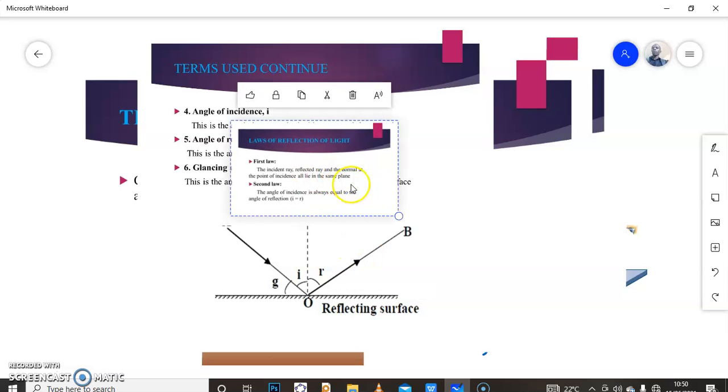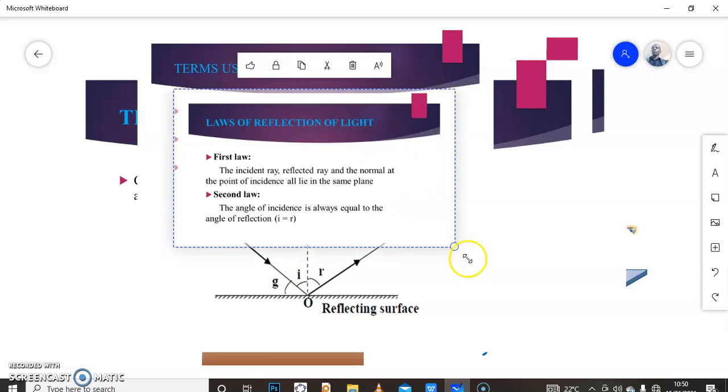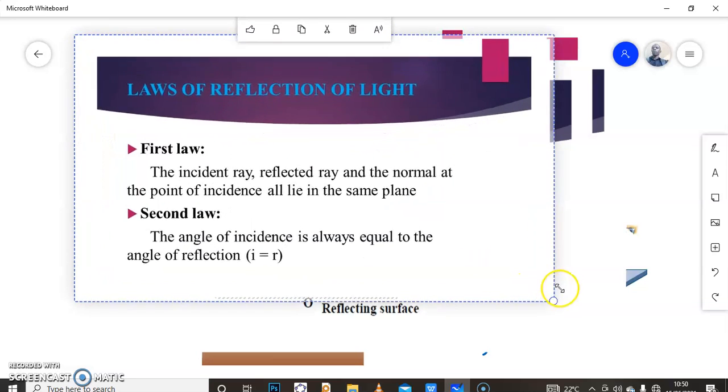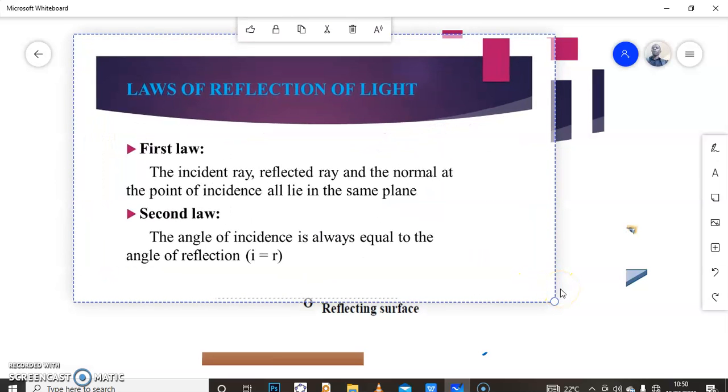After knowing those terms, we shall look at the laws of reflection of light. These laws are very important because they guide us as we are studying our concept of reflection of light. We are saying that the incident ray, the reflected ray, and the normal at the point of incidence all lie in the same plane. I emphasize this.